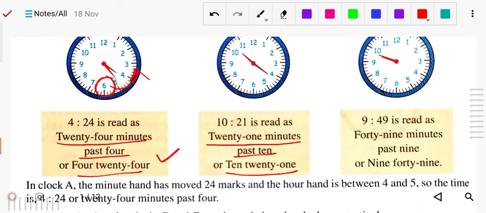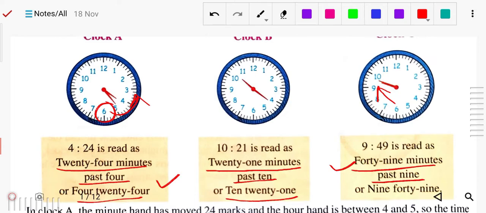Here the minute hand is after 6, so you use to. Suppose it is 9:49, so 49 minutes past 9 also you can say, or you can say 11 minutes to 10. 11 minutes to 10 means here is 49, so how many minutes are left? 11 minutes for the 10.